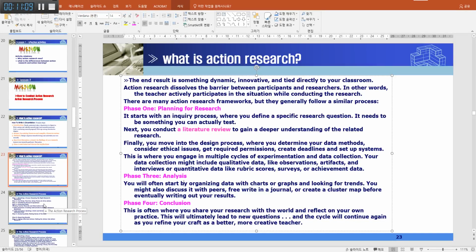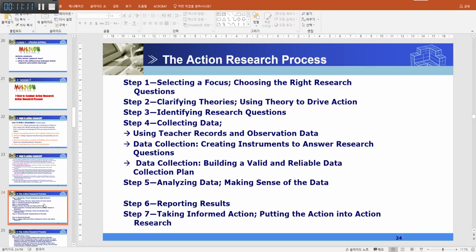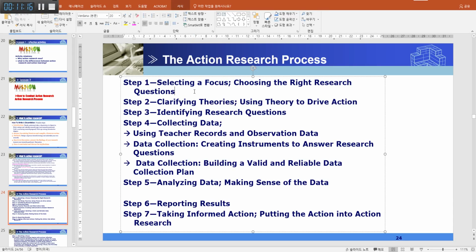Let's look at the step-by-steps of action research. Step 1, selecting a focus. It's about selecting or choosing your research questions to be solved. Okay, that's step 1. And step 2 is about clarifying theories.